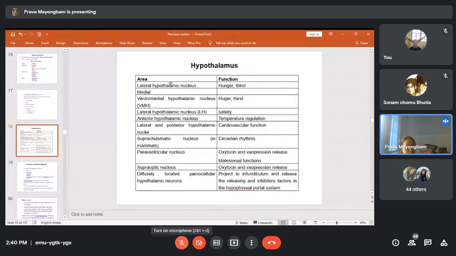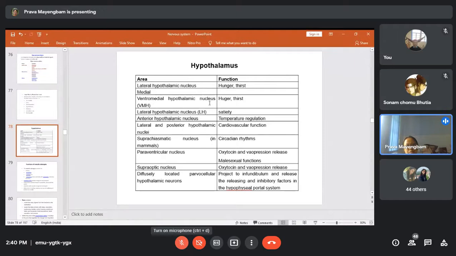Stimulation of the lateral hypothalamic nucleus will lead to satiety, and the ventromedial hypothalamic nucleus stimulation will lead to... I think there is a mistake.